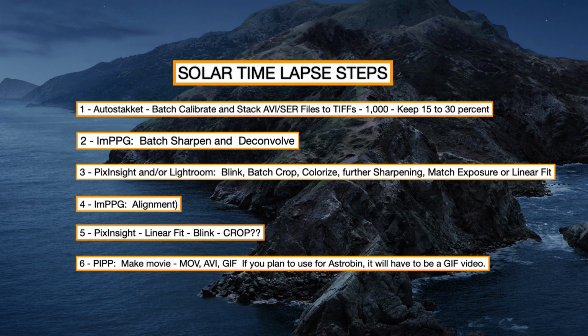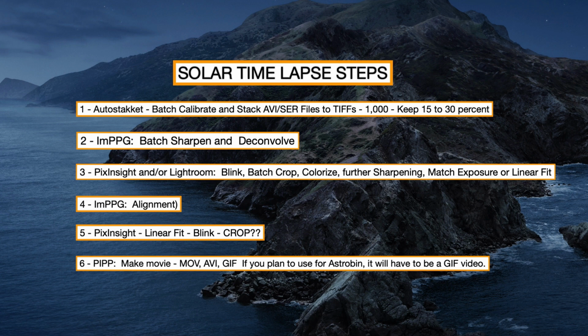Depending on scene conditions, if the scene conditions are really good, I will only take 500 frames, and I'll keep between 12, 13, 14, 15 to usually no more than 30%.